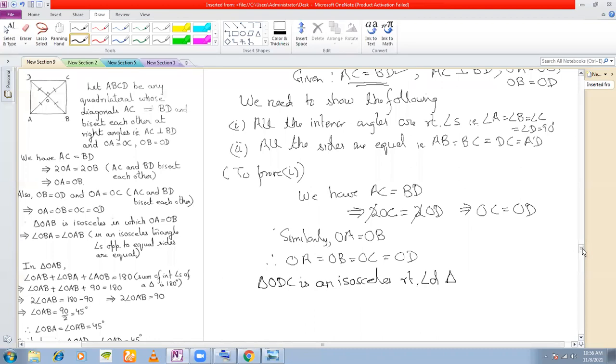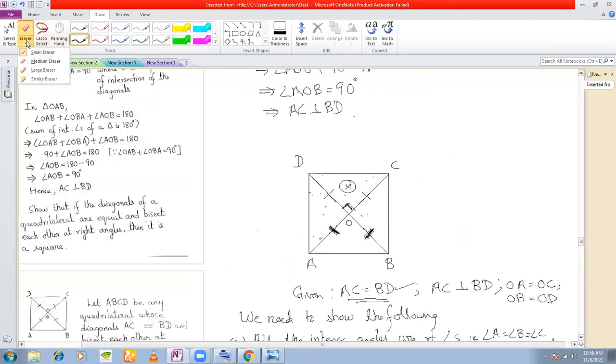Now, since these two sides are equal, these two angles must also be equal. So therefore, you can say angle ODC is equal to angle OCD is equal to how much?